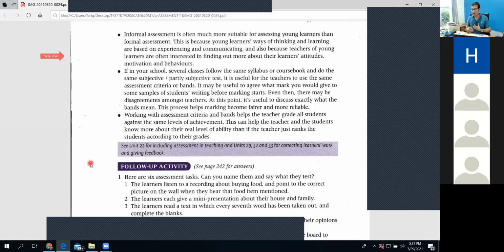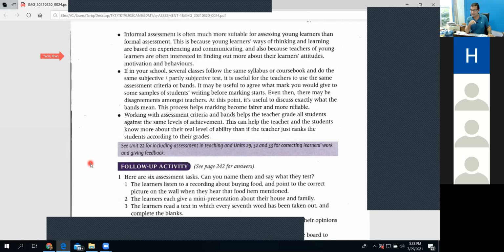For example, there is one class and that class has 5 sections or 4 sections, and 2 different teachers are teaching there, but the paper is the same for the whole. So definitely the teacher teaching some classes may mark the same essay one way, and another teacher teaching the other classes may mark it in a different way.